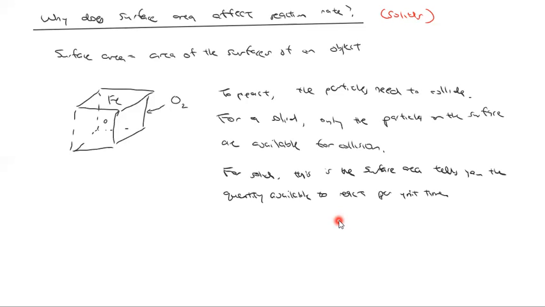Now, how can you increase the surface area? If I've got a big block of iron, how do I increase the surface area? You could add more blocks, but what if I don't want to add more blocks?